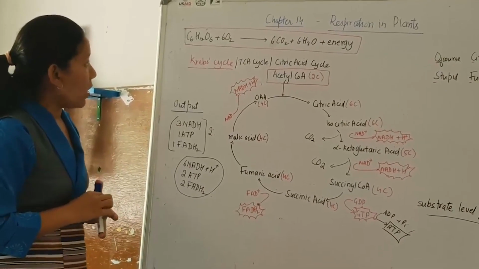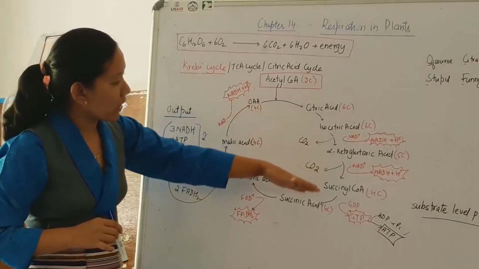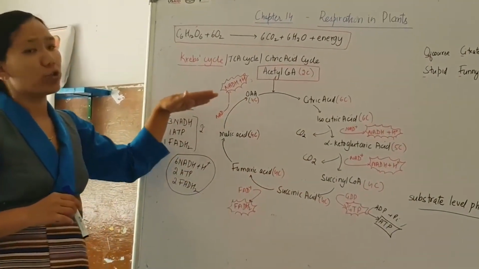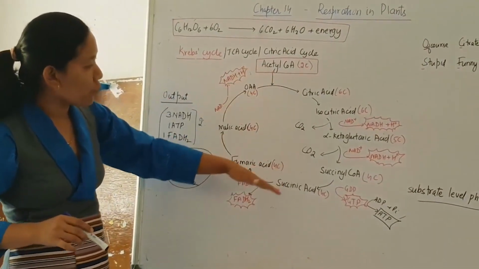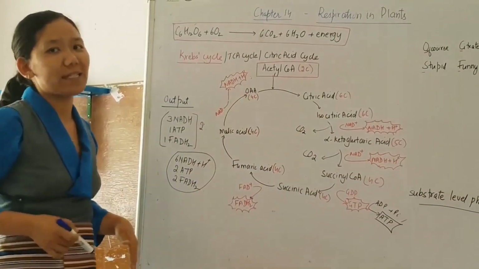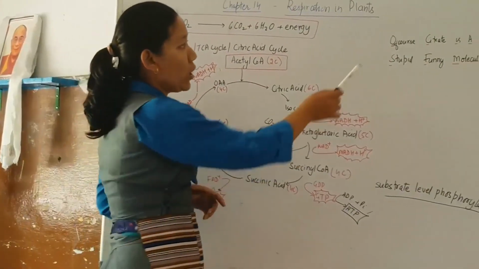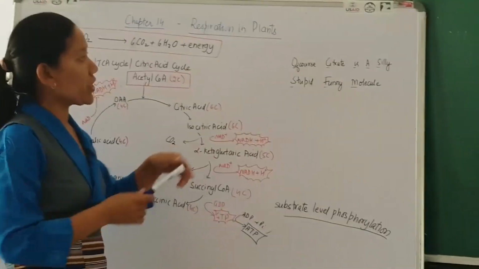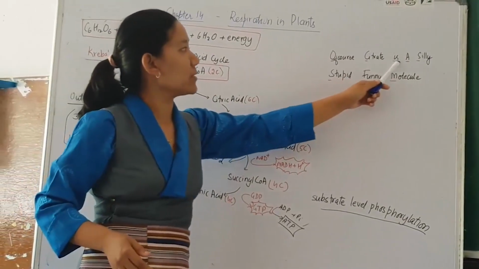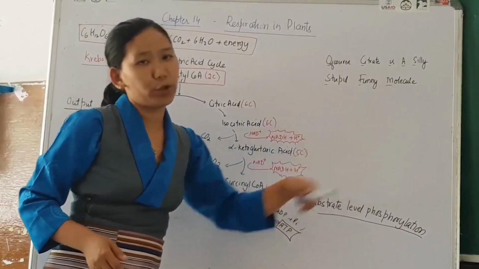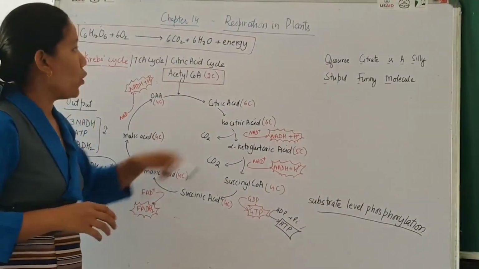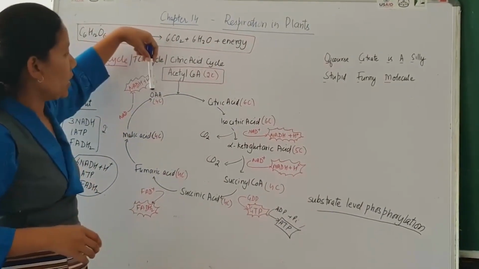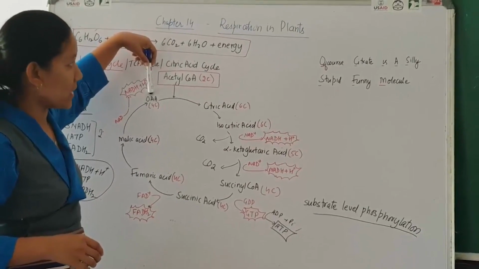Now, this cycle again, the steps must occur sequentially, and you must remember the steps. So as to make it easy for you to remember, let us look at another mnemonic here. Of course, citrate is the silly, stupid, funny molecule. Let us take the first letter of each word. O stands for oxaloacetic acid.